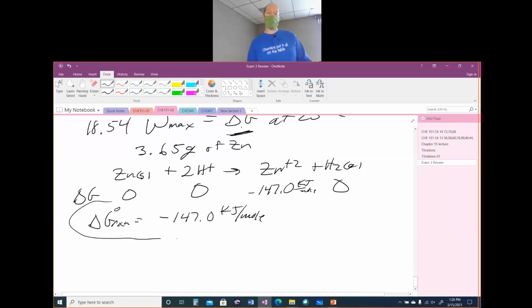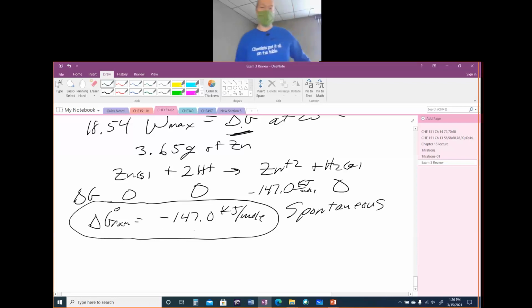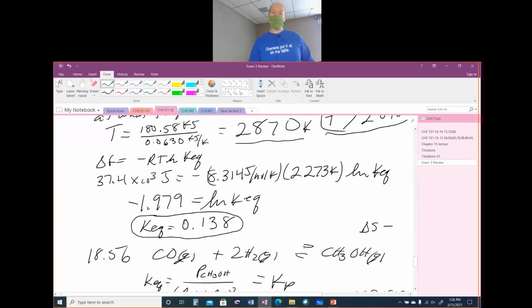So that's it. This reaction is spontaneous, and it is negative 147.0 kilojoules per mole. Just like we would do the delta H, we do the delta G. So it is delta G negative 147.0 kilojoules for that balanced reaction.